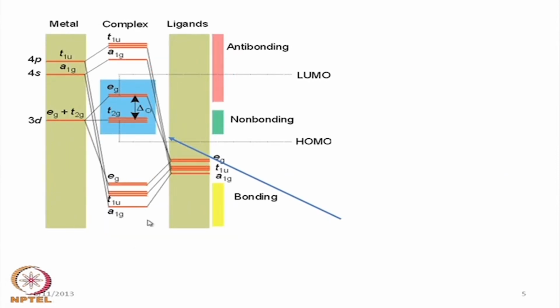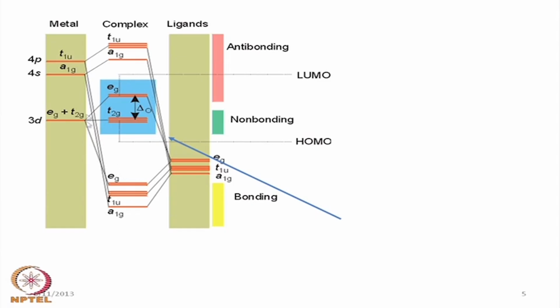So, now we have all these bonding orbitals in our hand. So, we can construct the corresponding molecular orbital picture, like what we can draw for simple oxygen, simple nitrogen, simple carbon monoxide or simple CN minus.